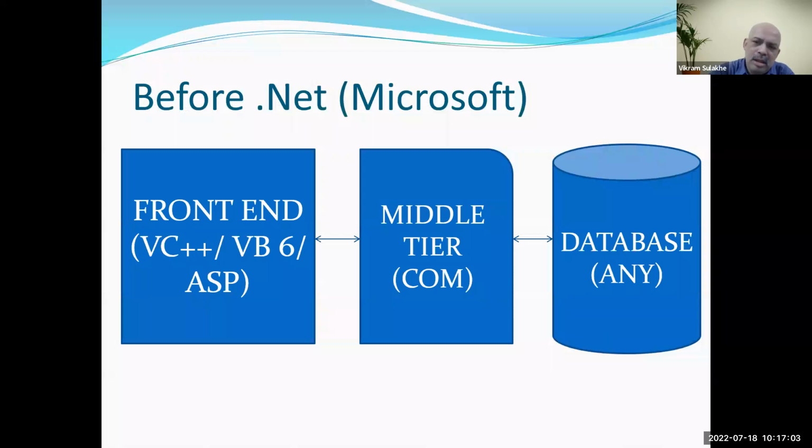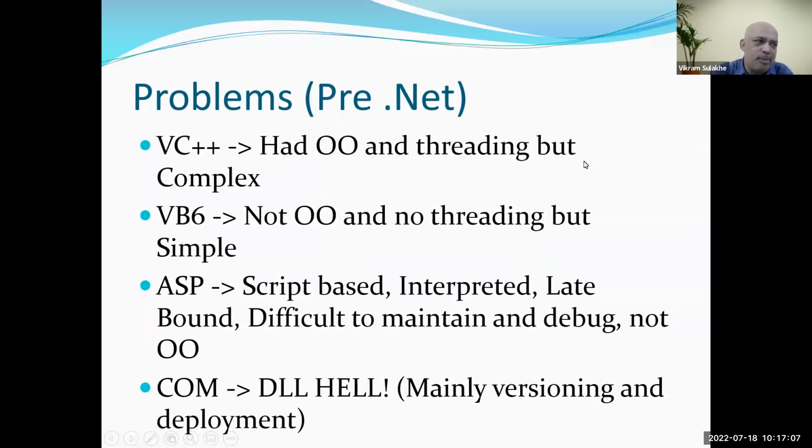Now, in all of these, there were certain issues or problems that you faced as a developer. What were some of those issues? If you were a VC++ developer, VC++ had the best of the features. Everything that you could possibly want from a language, it had.